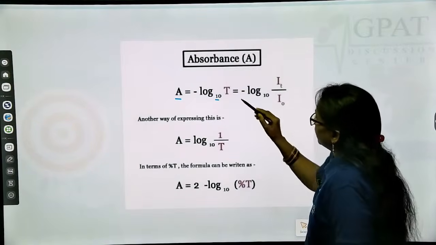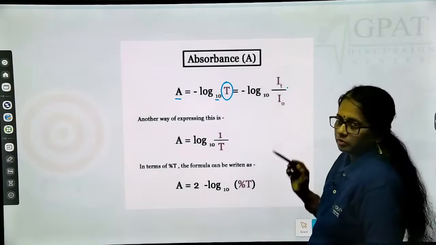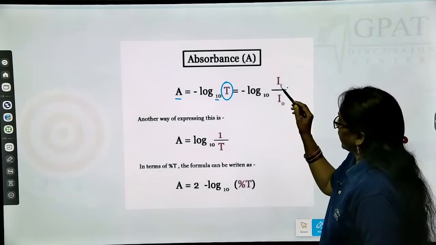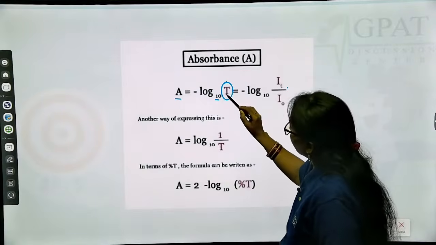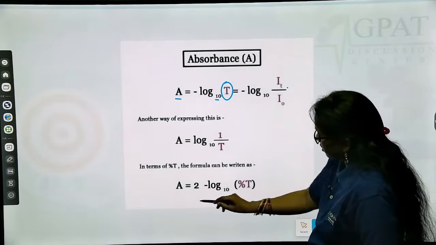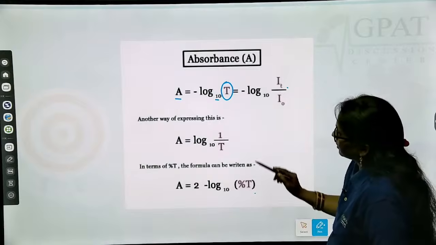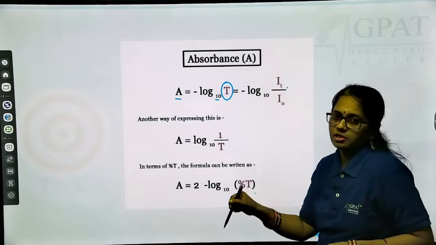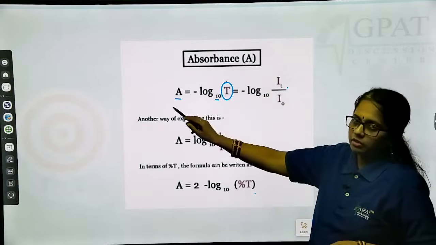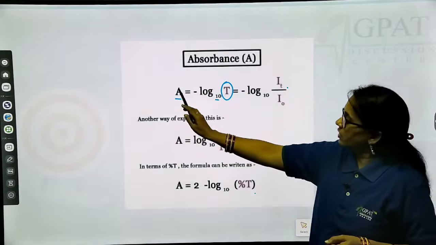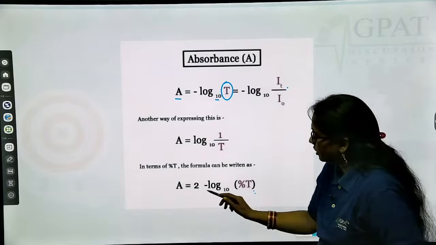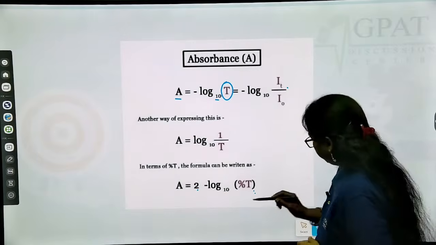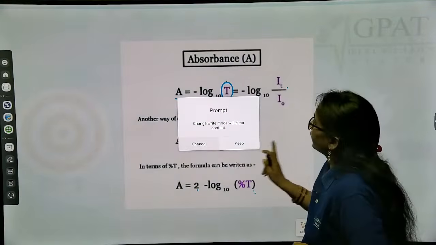Transmittance is the transmitted light divided by the incident light. If you are talking in terms of percentage, then as usual, taking the negative logarithm of transmittance gives the absorbance. If you are taking the percentage of transmittance, the 2 will come. So, that is the difference.